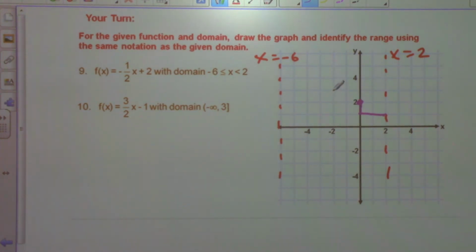Up 1 over 2, up 1 over 2, up 1 over 2. So it would be right here. So the thing would look like this. Does that look like how you had it so far? Pretty well?